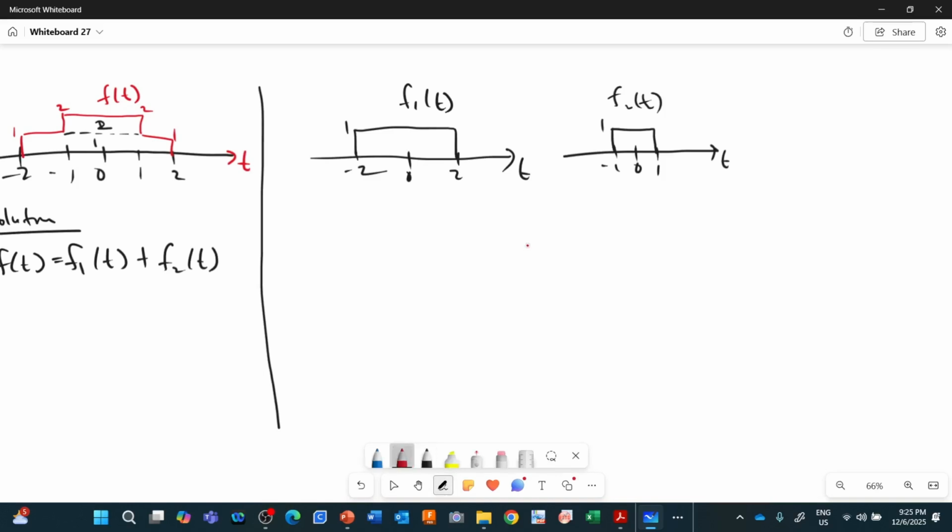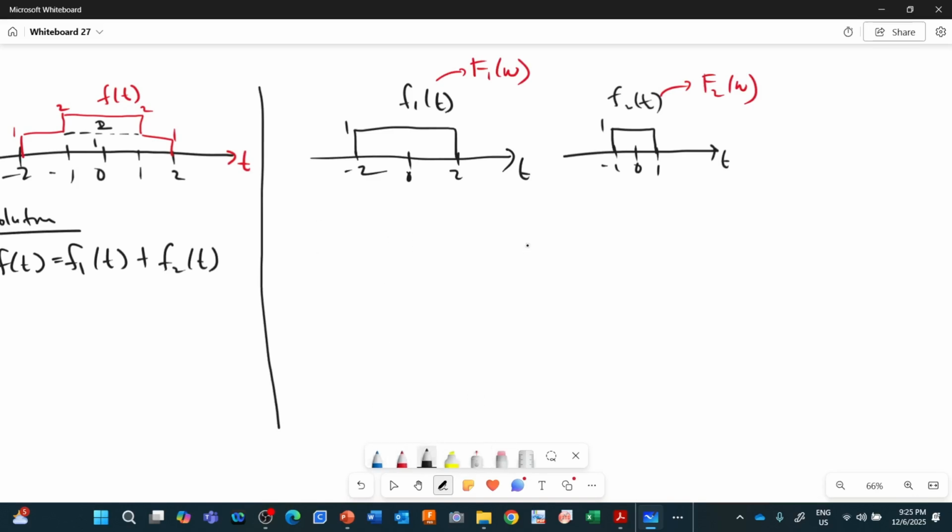So find what is F1 omega, and find what is F2 omega. Alright, so let's directly do it. We write F1 omega equal to what? What's the equation?